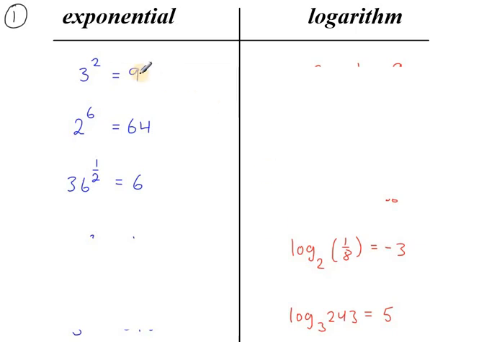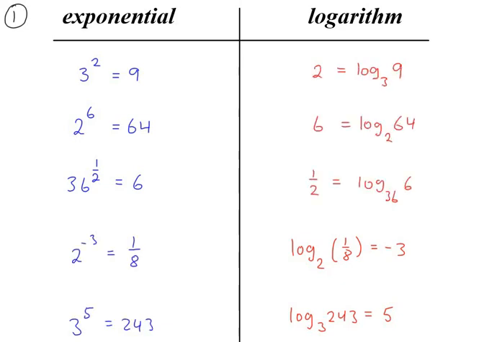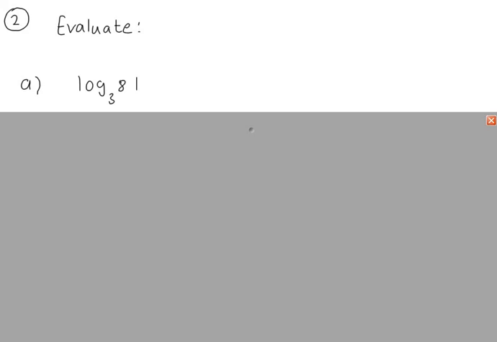Example 1, we have to convert these three exponential forms to their equivalent log forms, and we have to convert these two log forms to their equivalent exponential forms. To evaluate the log of 81 to the base 3, yes, we could put it into the calculator, but let's say we were going to try and do this without using a calculator.